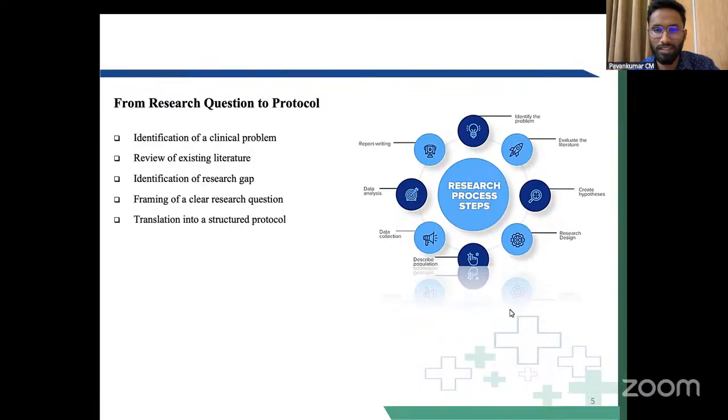Then we interlink the title and write a structured introduction. But at the end of the introduction paragraph, we mention what exactly our study is and what we are going to do, in an introductory way, not in a methodological way or with methodological procedures.